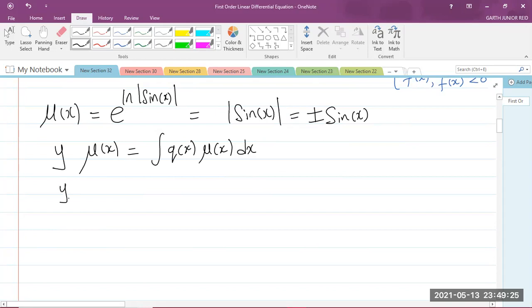So we have y multiplied by the integrating factor, which is plus or minus sine x. Now you can just choose one of them. You can choose either the positive sine x or the negative sine x. It doesn't matter which one you choose.